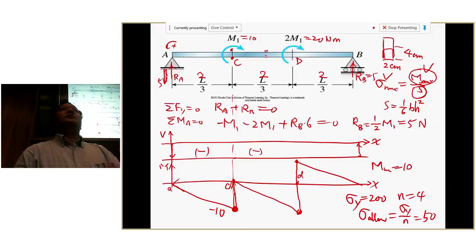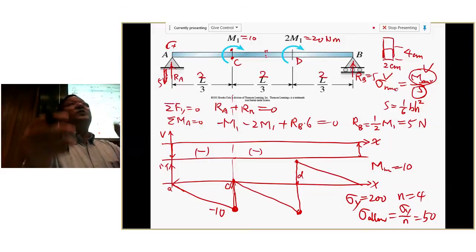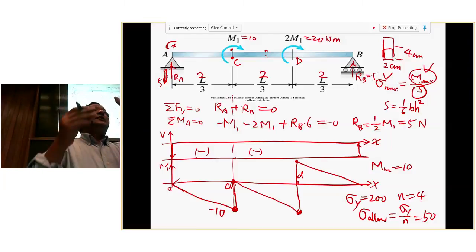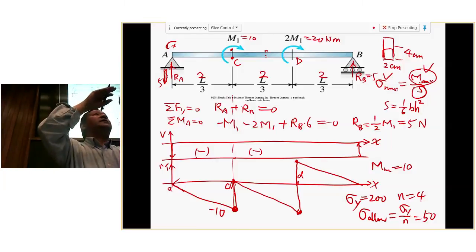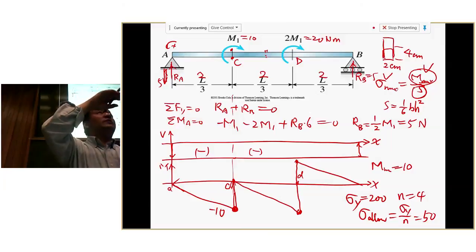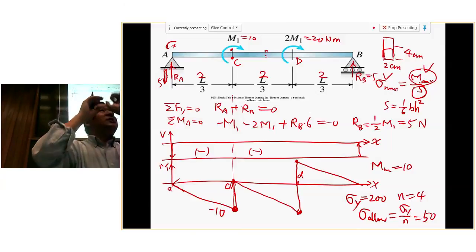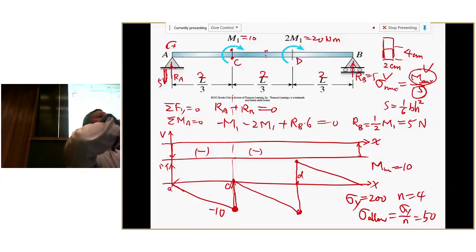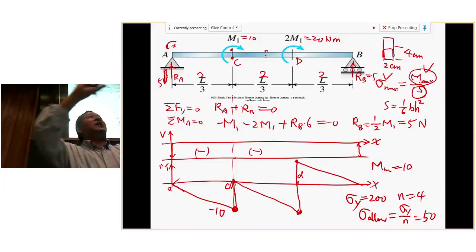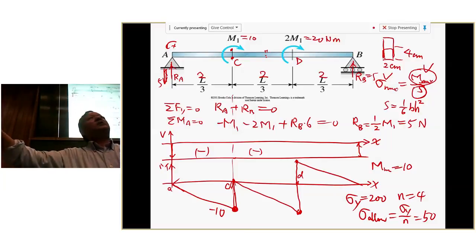That actually, no, because remember, if you look at point D locally, you have a constant moment applied there. So things are pretty non-uniform. You have a jump there, but that's a local effect. So in this class, we ignore all this local effect. We just look at the majority. Remember, we talk about long beams. So we look at the majority part of the beam, not the transition point.